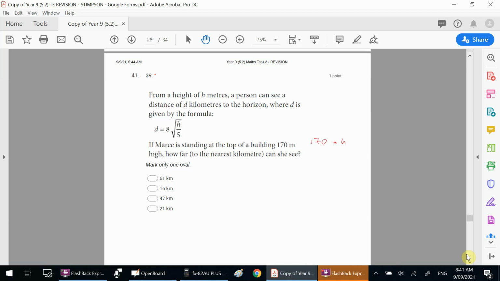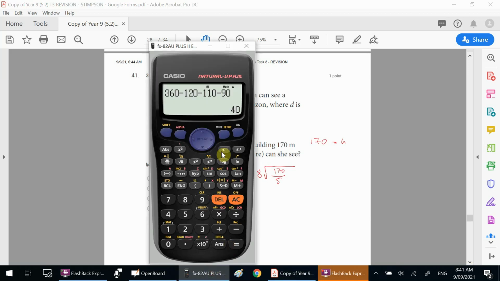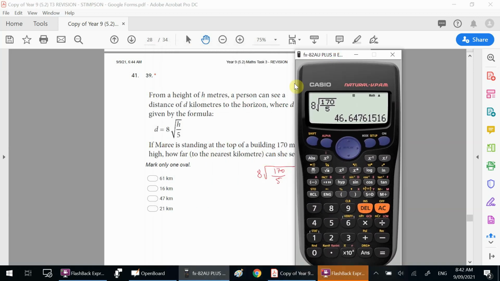Okay, so sub in 8 square root of 170 over 5. Okay, 8 square root fraction 170 over 5. 46.6 to the nearest kilometre, so that'll be 47.